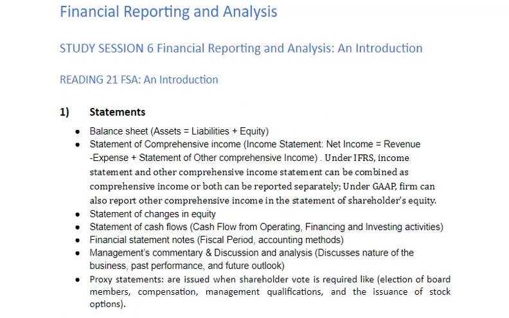Having said that, the other most important financial statement is the income statement, also called the statement of comprehensive income. It has two components: one is the income statement, another is the statement of other comprehensive income.